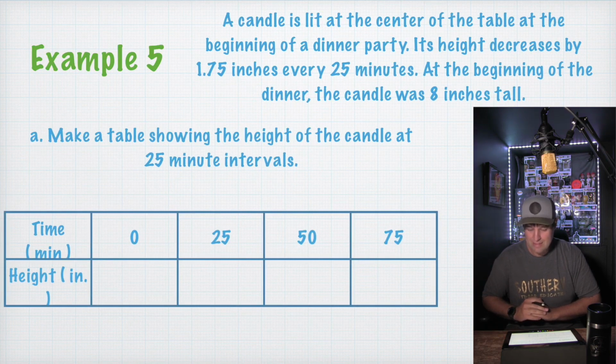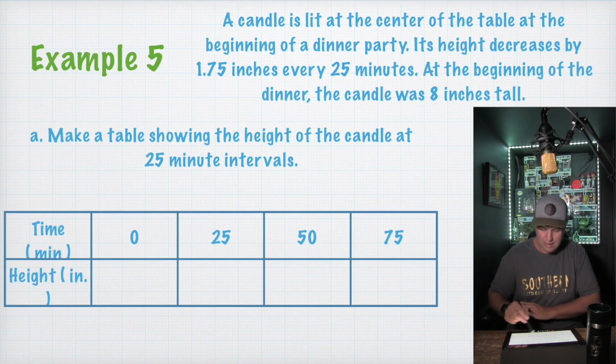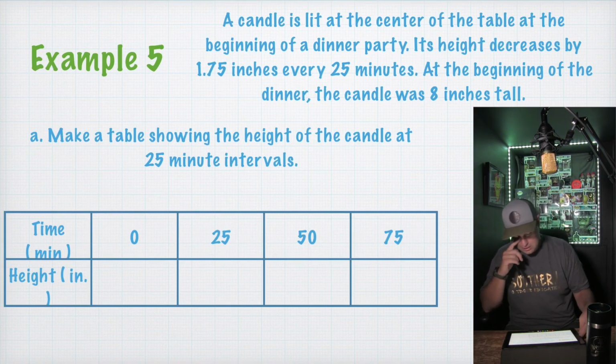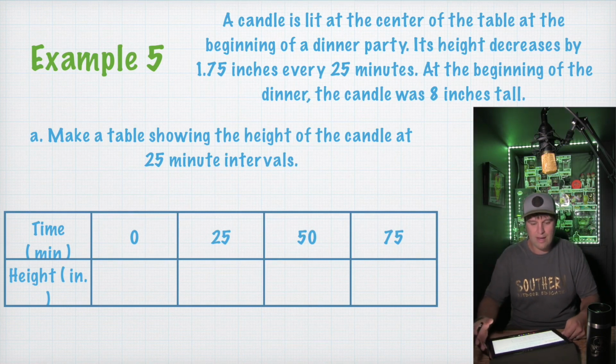A candle is lit at the center of the table at the beginning of a dinner party. Its height decreases by 1.75 inches every 25 minutes. At the beginning of dinner, the candle was 8 inches tall. Make a table showing the height of the candle at 25-minute intervals. So I already filled out time in 25-minute intervals, and then we need to fill in our height.